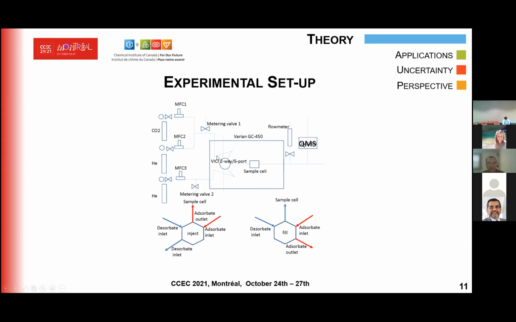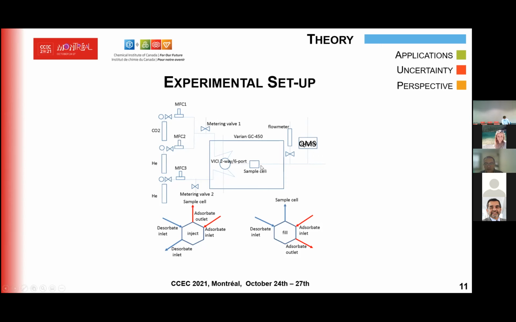And you can see that we have a GC, but what we need about the GC is basically the oven, and we don't use a column. We have a sample cell, which is usually vertical, and then this is the VC valve that changes between this flow for equilibration, where in this case we have CO2 diluted with helium, and the MFCs help you get the right concentration.